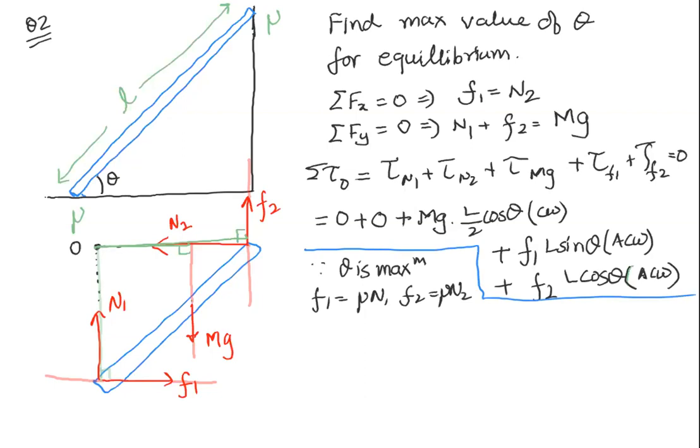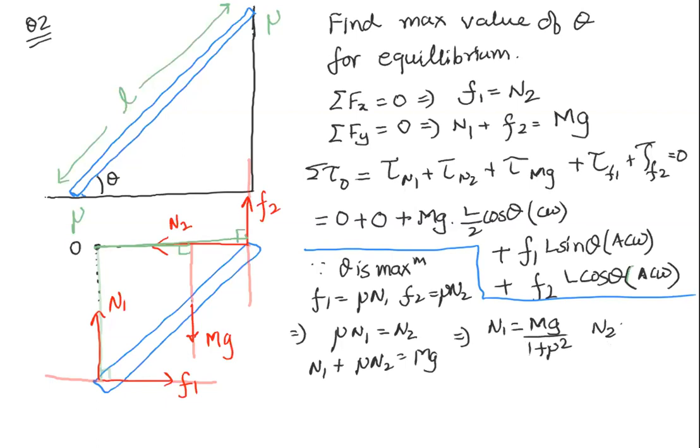So we get F1, which is mu N1, is equal to N2, and N1 plus mu N2 is equal to mg, which gives me N1 is equal to mg upon 1 plus mu square, and N2 is equal to mu mg upon 1 plus mu square.